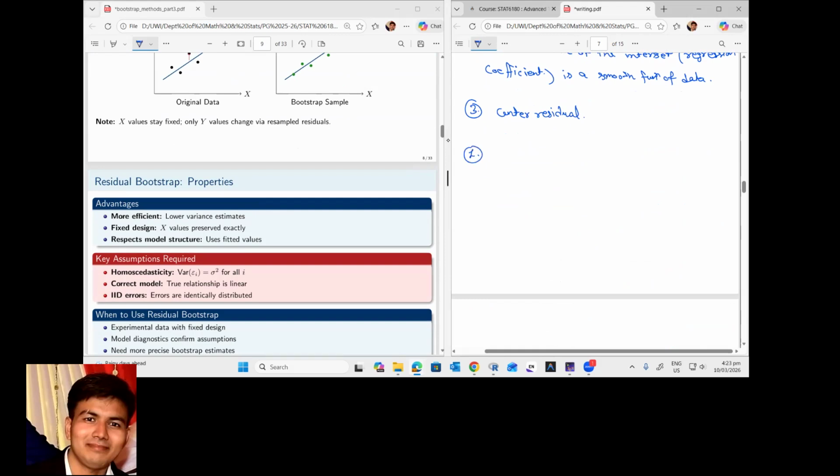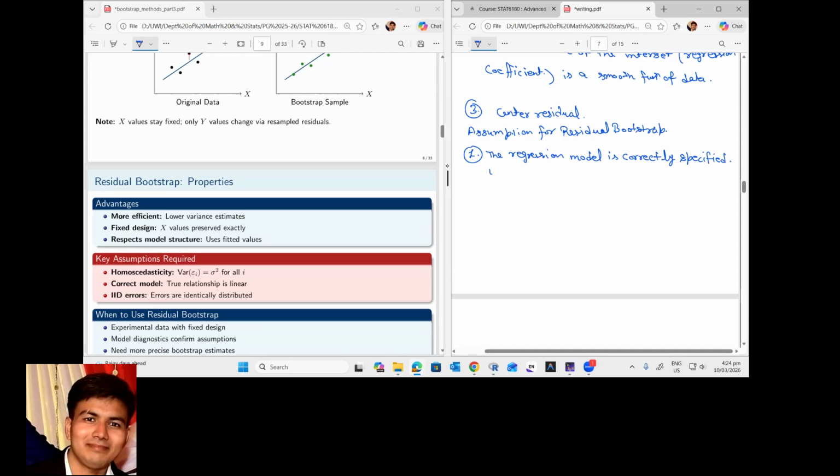The first assumption for the residual bootstrap is that the regression model is correctly specified.